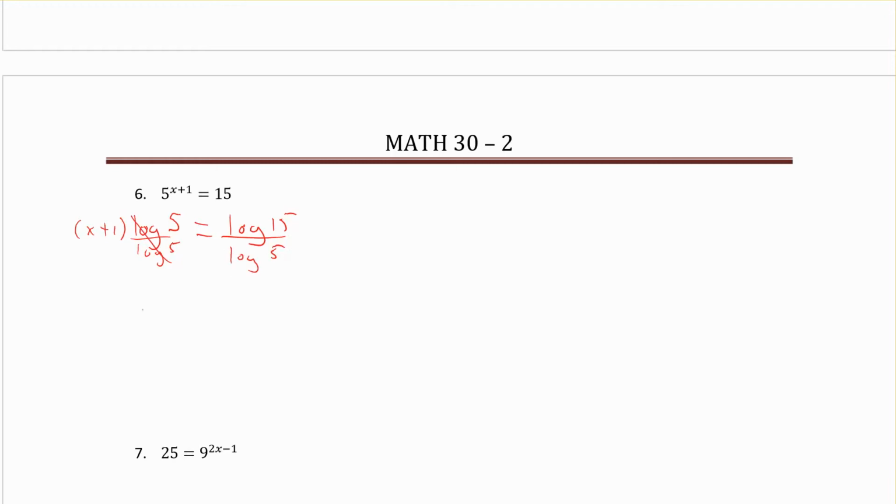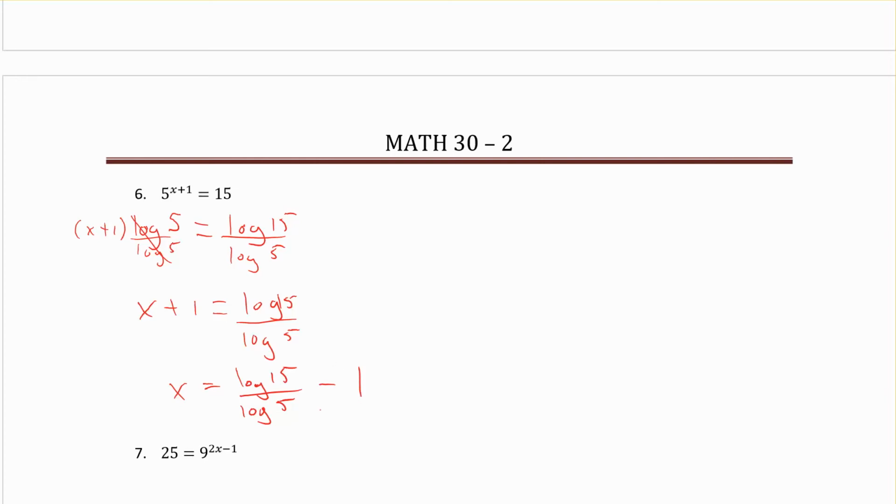So what I have now is x plus 1 is equal to log 15 divided by log 5. And now all I got to do is get rid of this plus 1, so I'm just going to subtract 1 from both sides. So in the end I have x is equal to log 15 divided by log 5 minus 1. So I'll let you guys put that in your calculator.